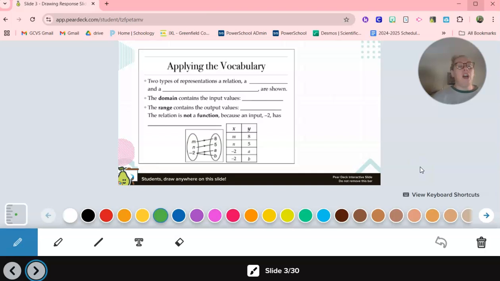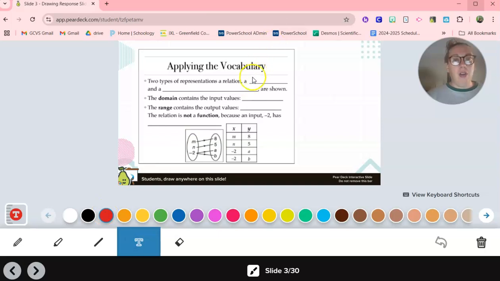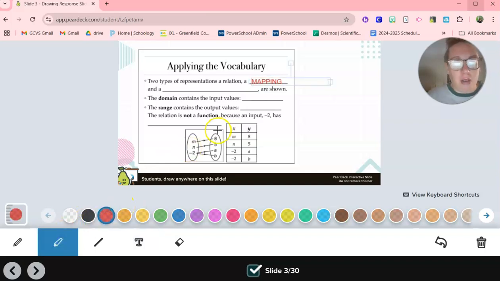So we're going to talk about all the different ways that we can show a relation or a function. And 2 of those types are down below. We have a mapping. That is this type in red. This here is our mapping.